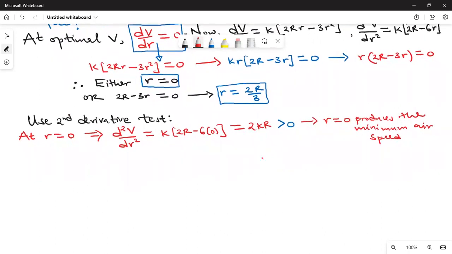So again, do the same thing. You can write at r is equal to 2R over 3.